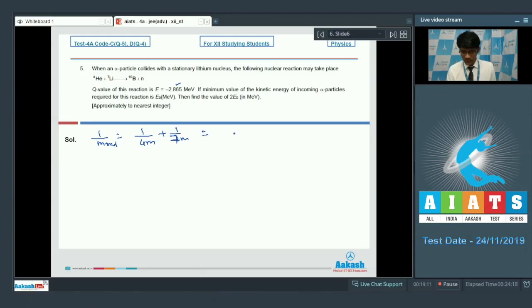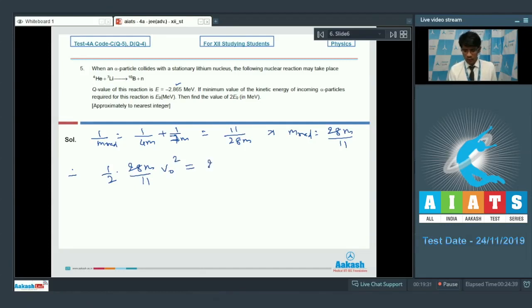So that means it is 11 divided by 28m, or m reduced, it is 28m divided by 11. So the energy with respect to center of mass, it will be 1 by 2 into 28m divided by 11 into V naught square.